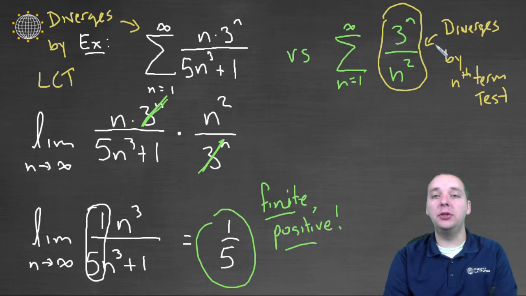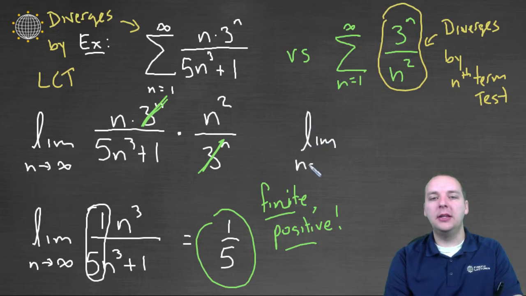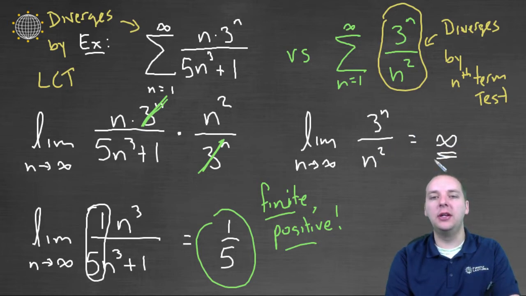Now, I haven't really shown you that this diverges. It's a bit intuitive. If you wanted to formally show it, then what you would need to do is take the limit as n goes to infinity of 3 to the n over n squared, and you can work out this algebra yourself, but you can just trust me, this is going to go to infinity, indicating that this series will diverge.